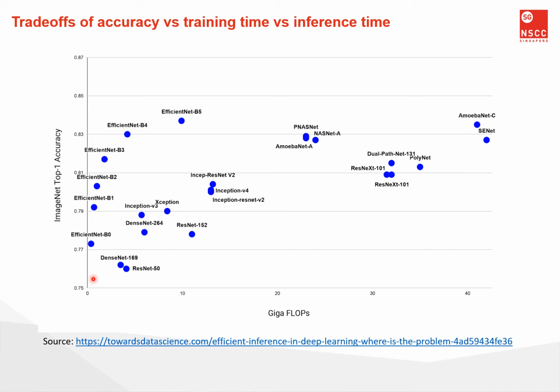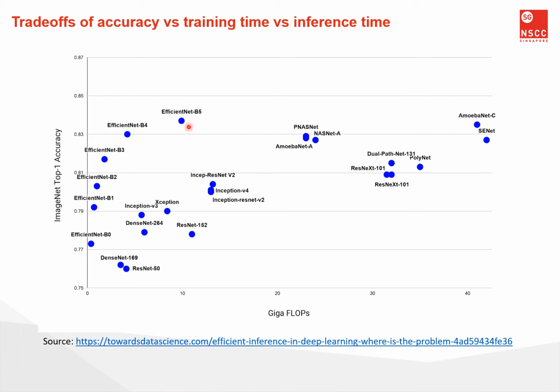But we do notice that there is this particular family called the EfficientNet, which does very well because it gives you the maximum accuracy for a relatively modest number of gigaflops required for training. So this is a very efficient neural network architecture in terms of the amount of training time it needs versus the accuracy that it can achieve.